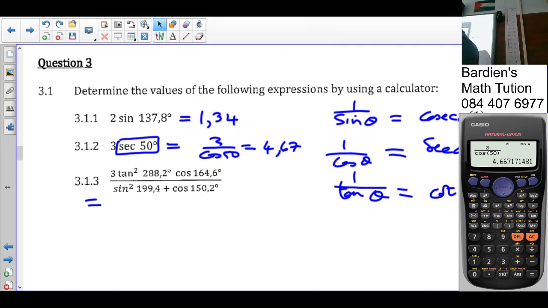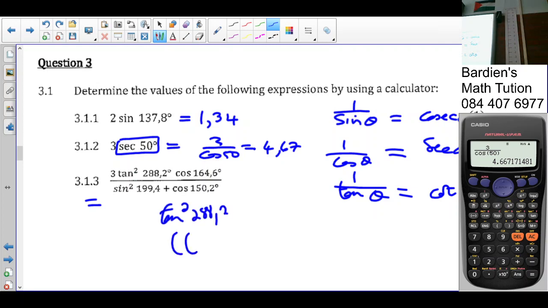The next one is a substitution here. So remember that your tan squared 88.2 is in actual fact tan of 88.2, squared. The whole answer that's coming from that is being squared. Okay.